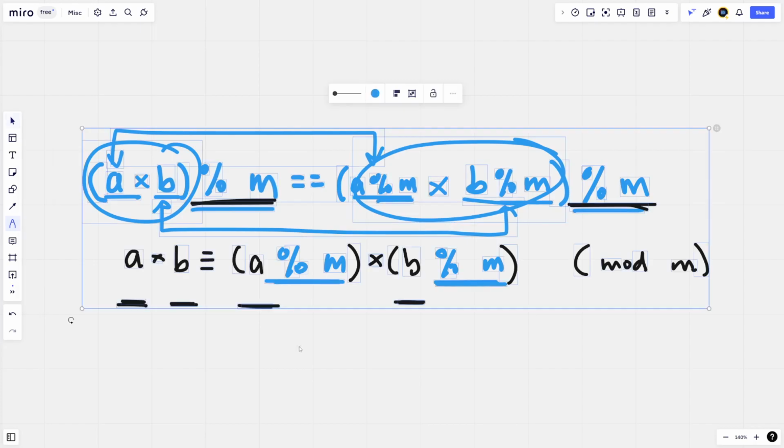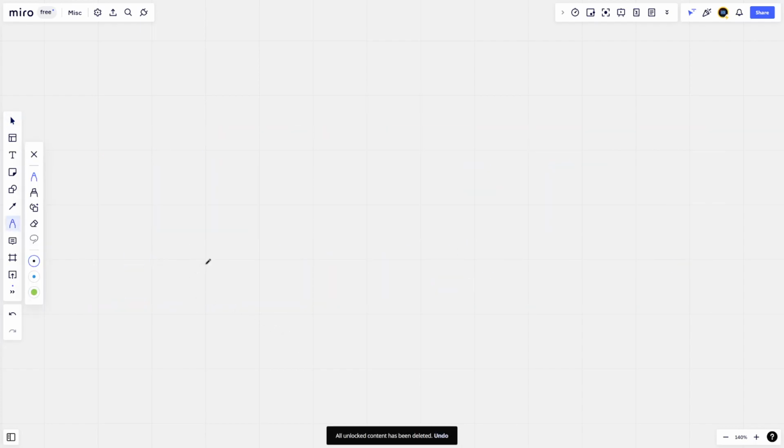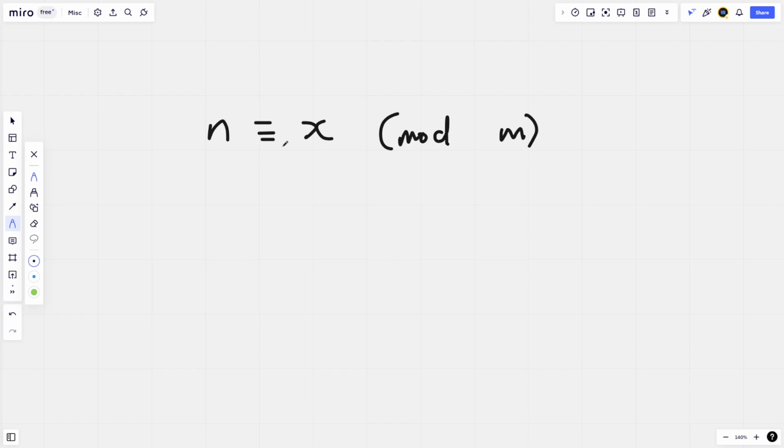And the final property that went into day 11, which is also important to know, is the invariance of divisibility. So one important thing to note is that if n is equivalent to x mod m, where n is some number and x is the equivalence class represented by a number, then n is equal to km plus x for some integer k.